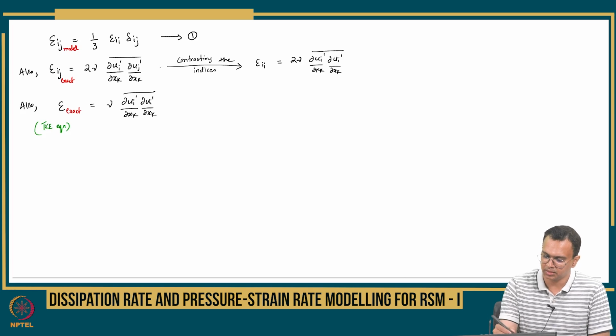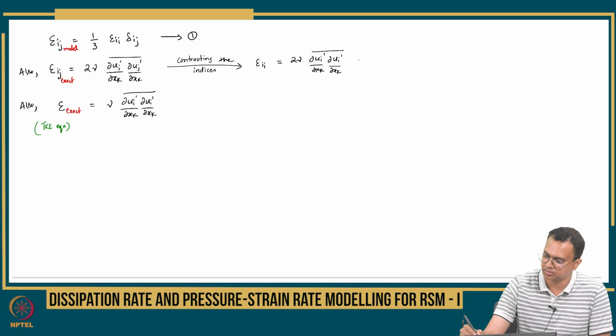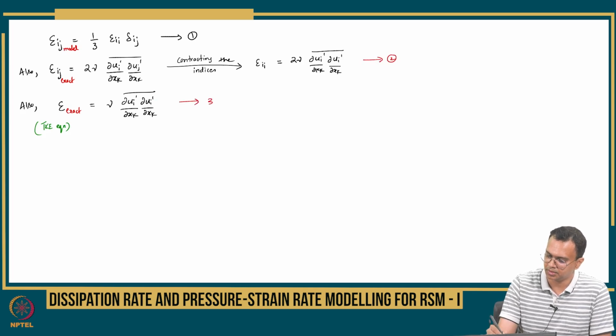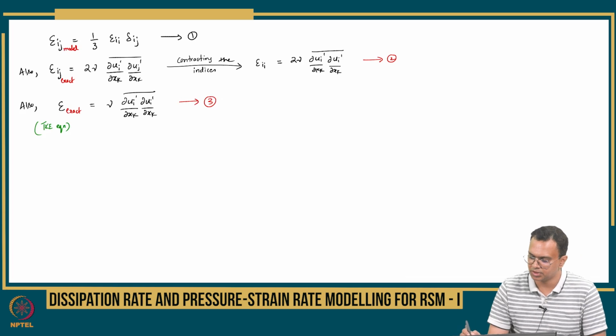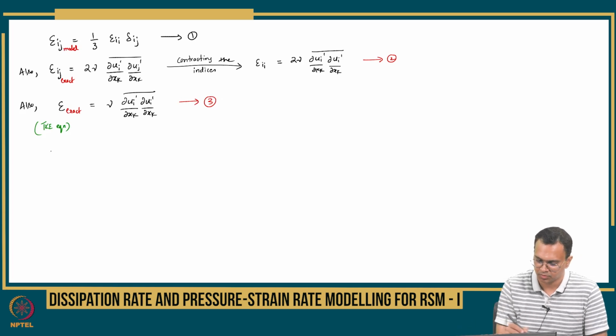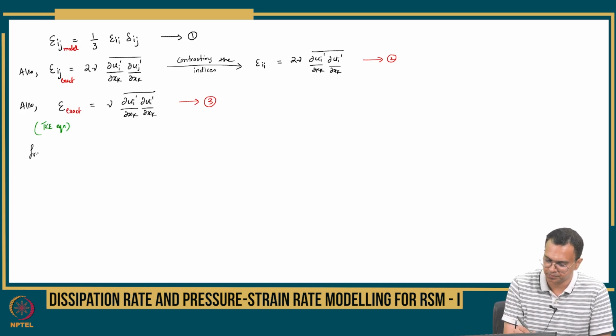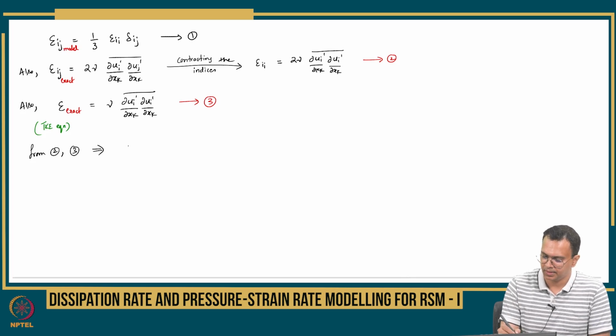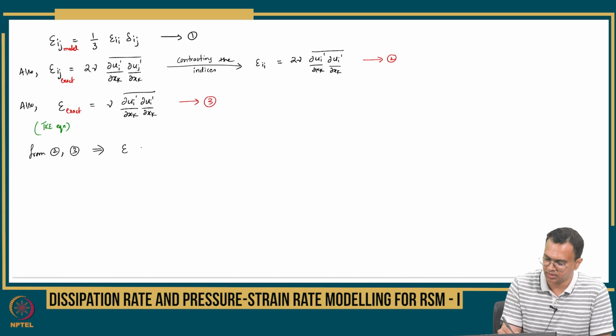So now if I look at these two equations, let us call this equation 2 here, and this is 3. So what do I get from equations 2 and 3? From 2 and 3 I can see that epsilon exact is nothing but half of epsilon_ii, correct?